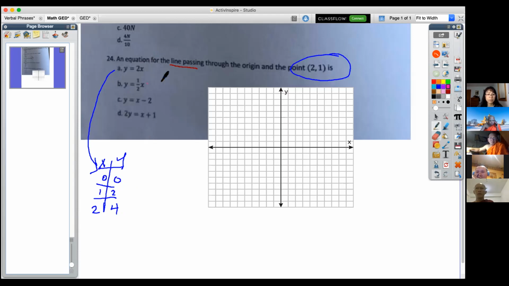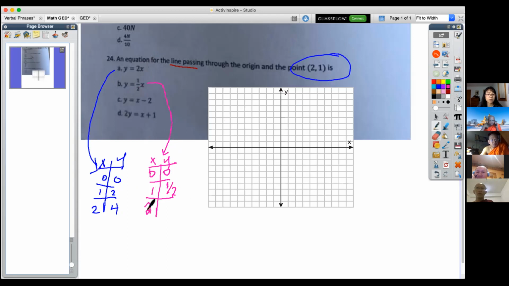Okay, B. You look at B. Here's X, here's Y. So if X is 0, Y is 0. If X is 1, what should Y be? A half. If X is 2, what should Y be?